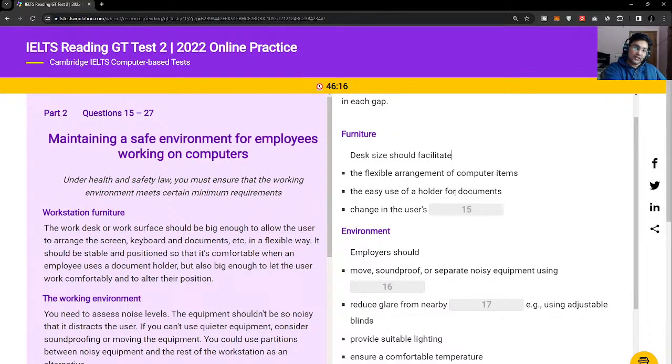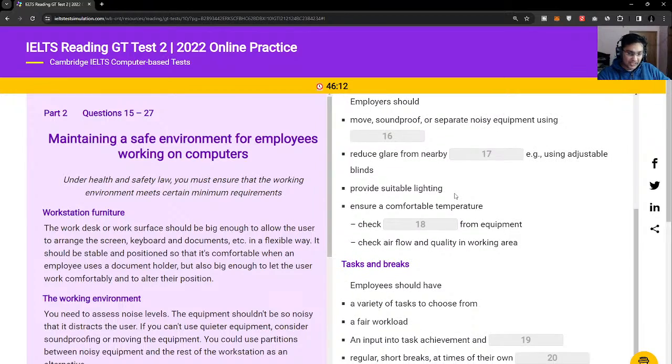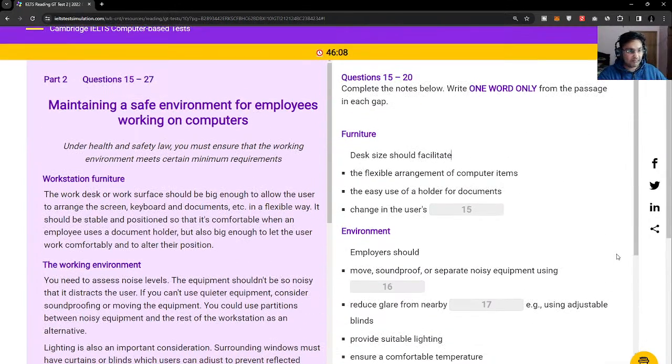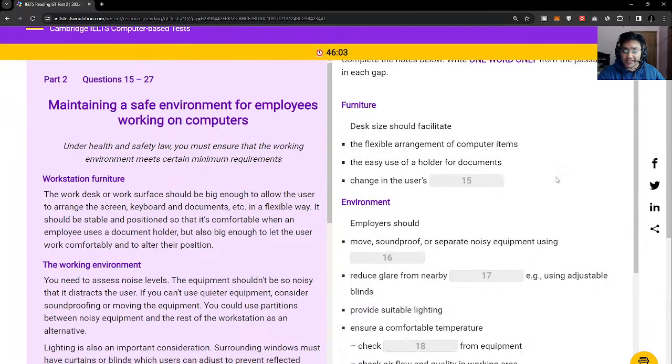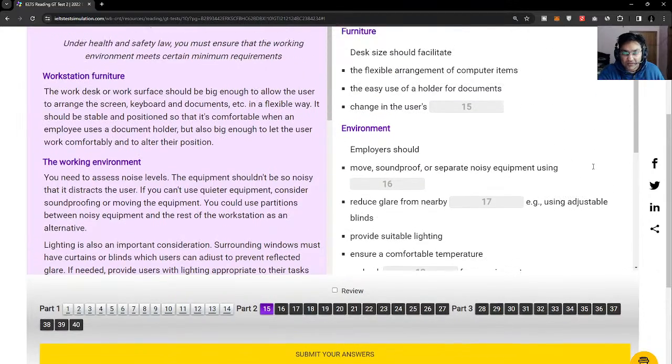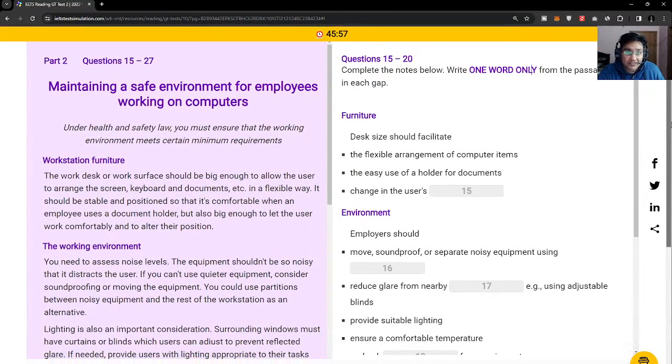Similar to what we did earlier, this is a flow chart, or you may say matching, again one word only, and this is flowchart completion, or I guess sentence completion is more or less the same.